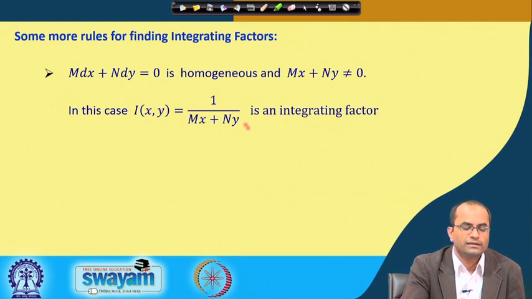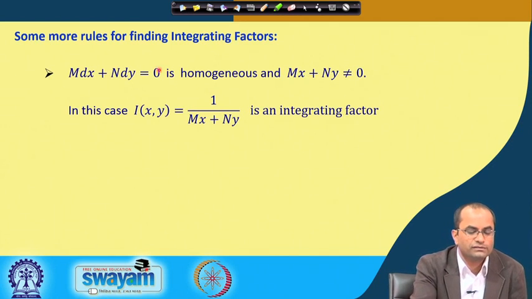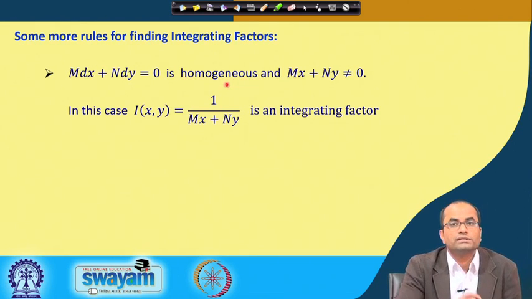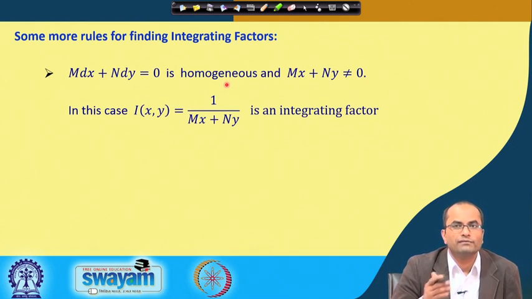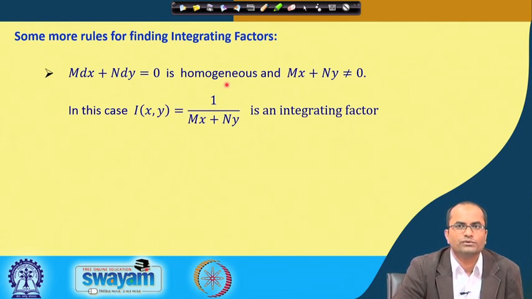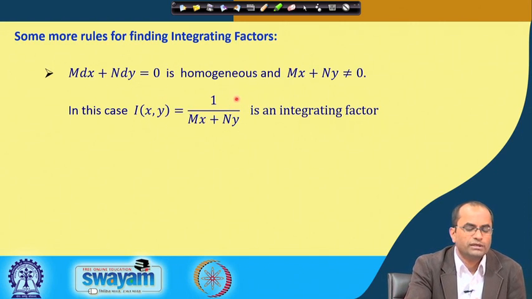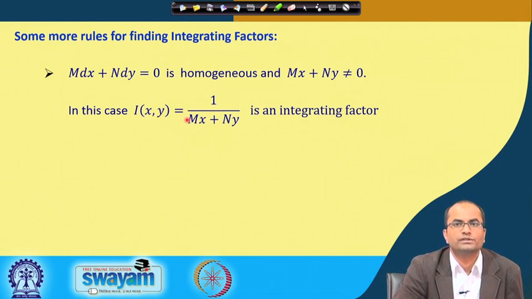So, directly one can find this I(x,y) as 1 over Mx plus Ny; this will be the integrating factor of this differential equation. But here the condition is that this should be a homogeneous differential equation, and we already know how to solve the homogeneous differential equation.